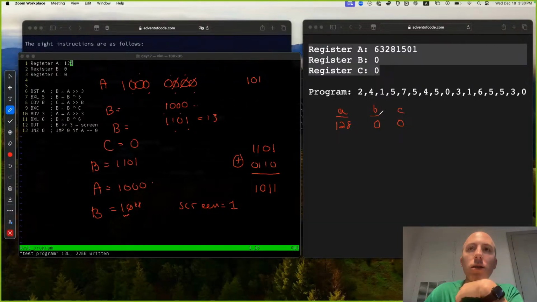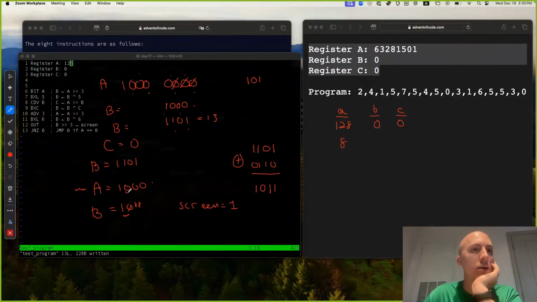So the initial values were this, and now let's read off the values. It looks like what happened to A was A got shifted over 3, and that's the only thing that happened to A. That's the only setting of A that happened. So A is 2 to the 3, which is just 8.